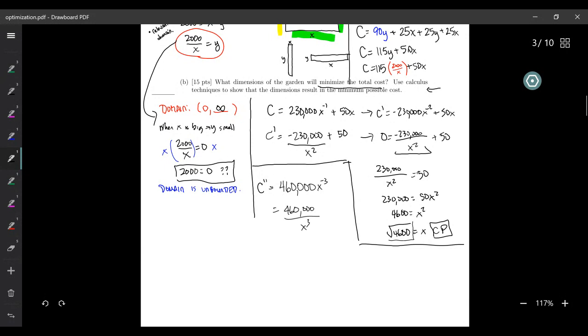If I plug a positive number into this second derivative, I'm going to get a positive in the numerator and positive in the denominator. So that means that we are concave up.